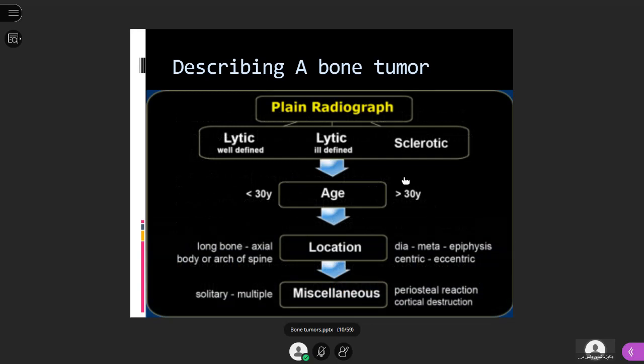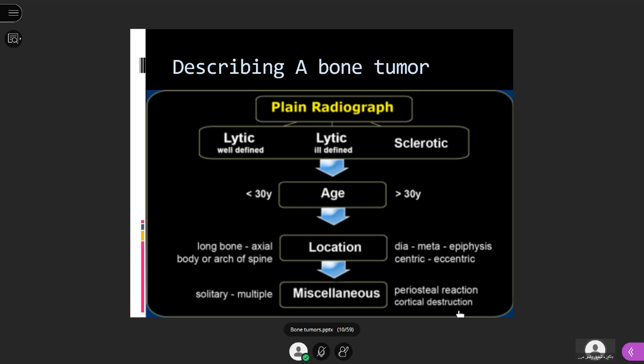Okay. So again, the same: we will consider whether it is a lytic lesion, and if lytic, well defined or ill defined, and if not lytic, whether it is sclerotic. We'll also consider the age, whether it is less than 30 years or more than 30 years. We will consider the location, whether it is in the long bone or the axial skeleton. If it is in the long bone, we will consider whether it is in the epiphysis, metaphysis or diaphysis.